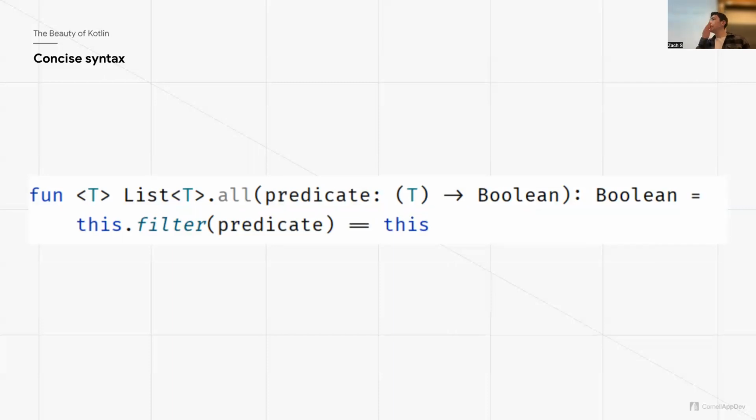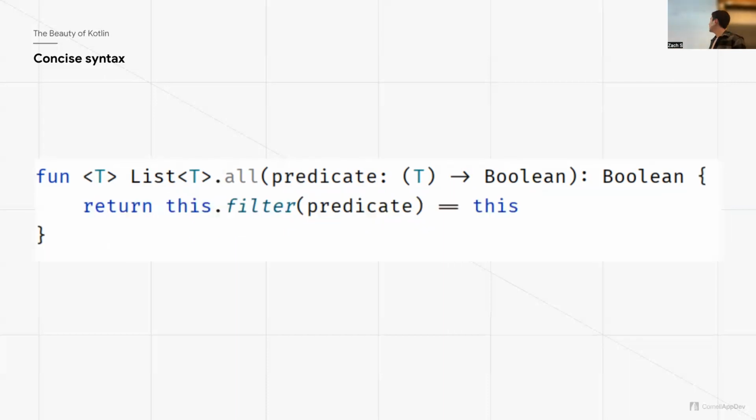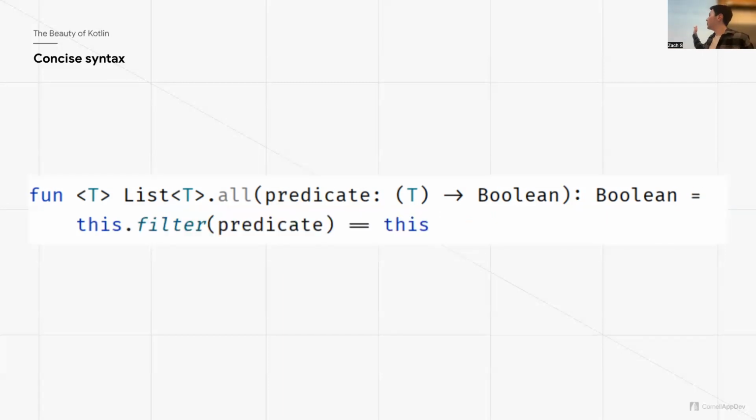Oh, and then here's another bit of syntactic sugar that Kotlin supports, which is that when you have a function like this, right? So you have a function that just returns a single value, and that's all it does. You can actually just say, oh, well, my function's value is equal to the value. So notice how I don't have return, I don't have curly braces.